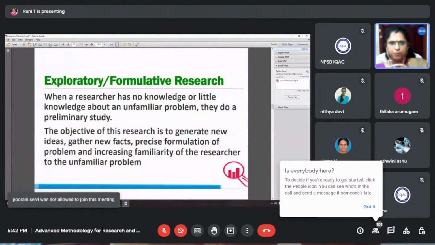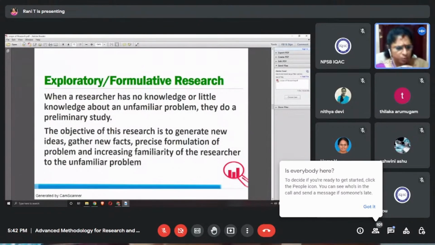The next one, exploratory or formulative research. Here detailed analysis is done, new ideas and new facts are found, and sometimes we do a case study. For example, an auditor, a company secretary, a lawyer, or a judge explores and does research.